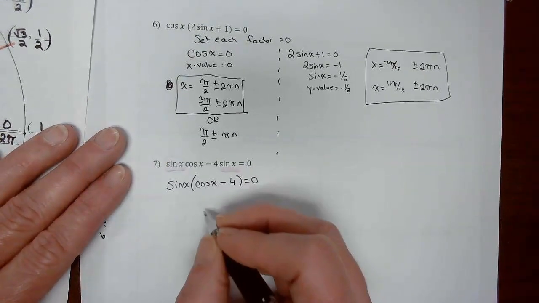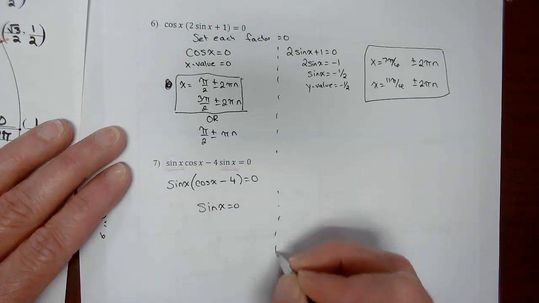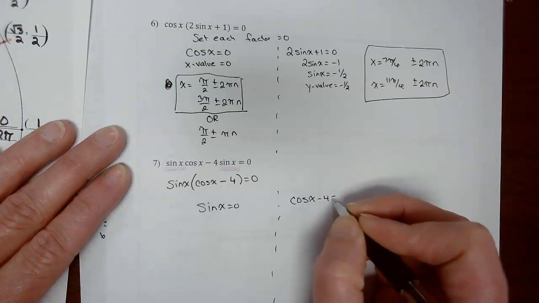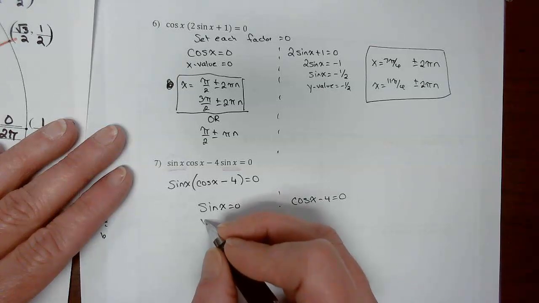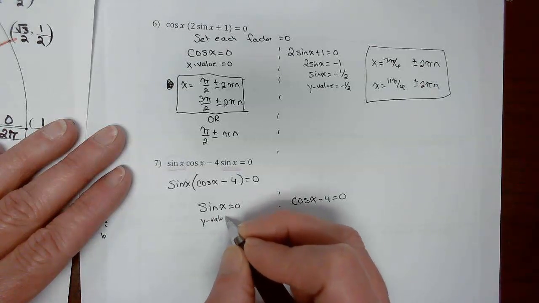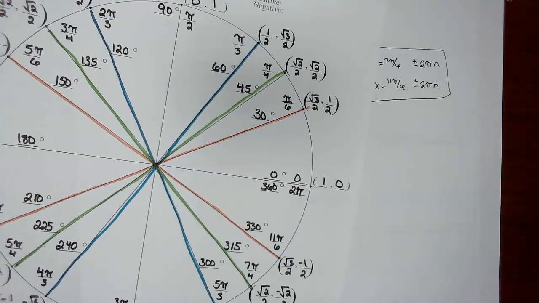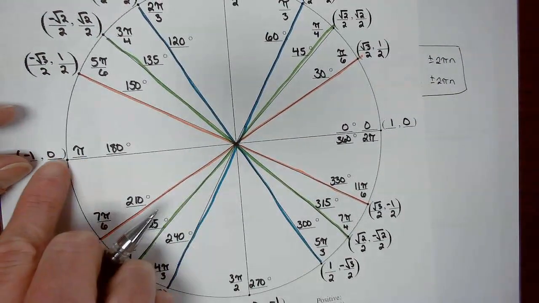Now we're going to set each factor equal to 0. So sine x equals 0. That's my y value equals 0. That happens at 0 and at pi.